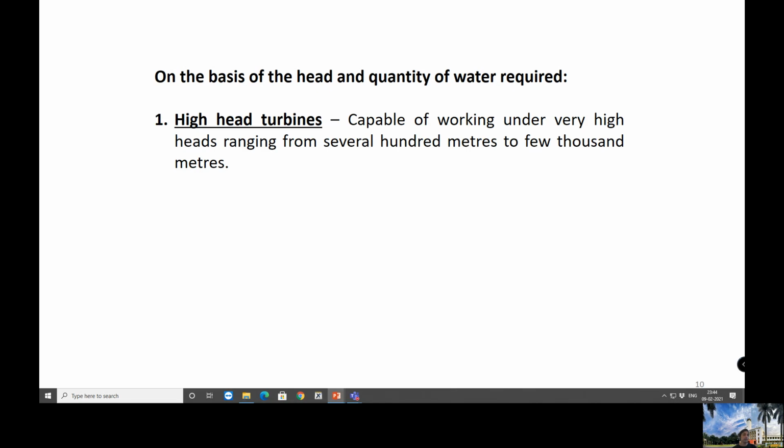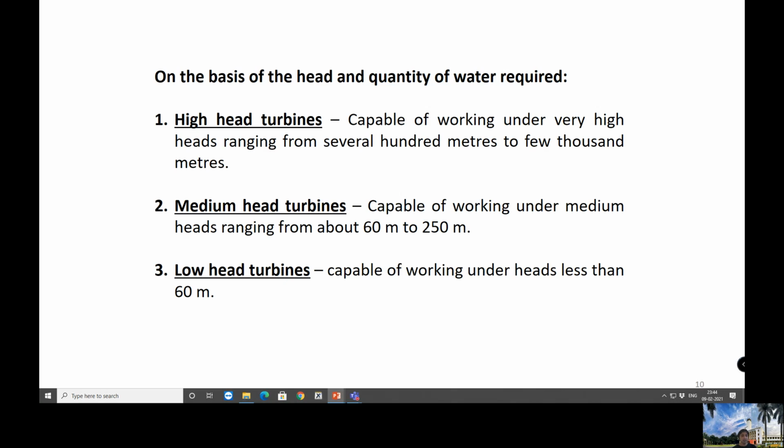hydraulics C21003. On the basis of the head and the quantity of water required, the turbines are classified in three ways: high head turbines, medium head turbines, and low head turbines. As is clear from the name, high head means a very high pressure head in the beginning, capable of working under very high head, ranging from several hundred meters to a few thousand meters.